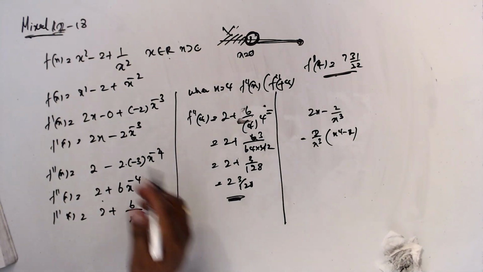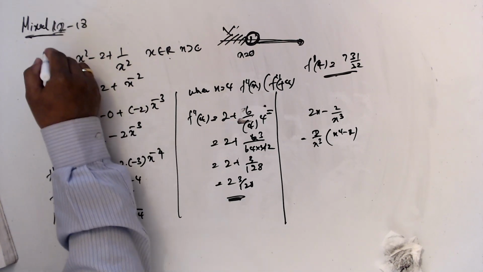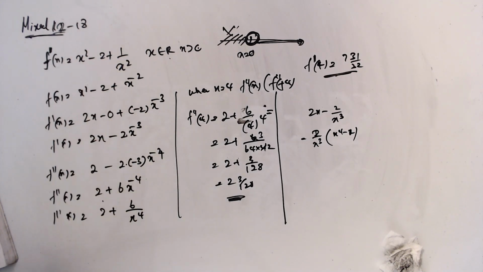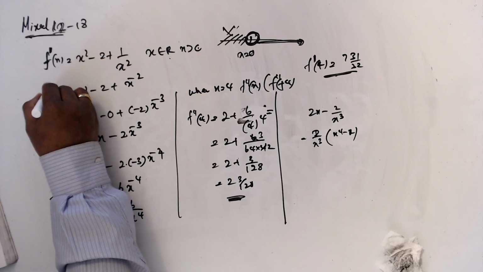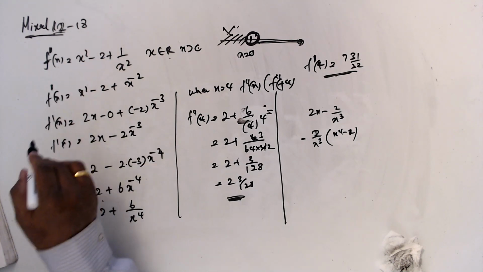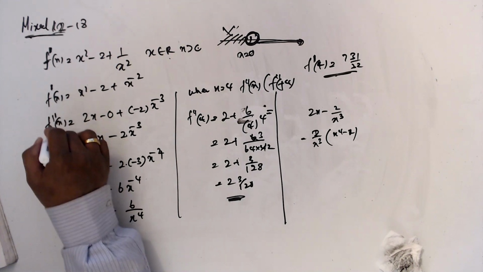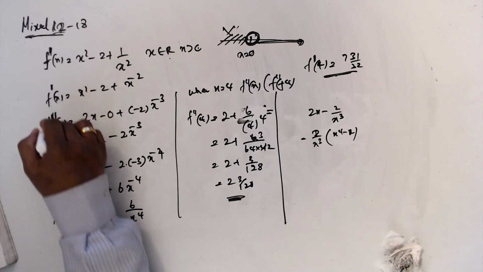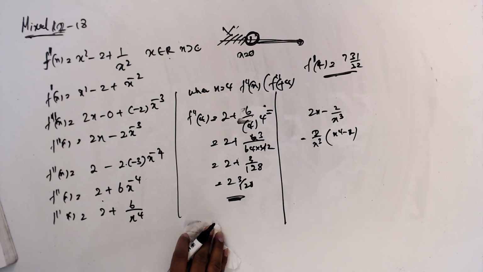Let me do a small correction. Sorry about this. I considered this to be f dash x, actually. My eyesight is not good, so it is f dash x. And this is f dash x, and this is f double prime.